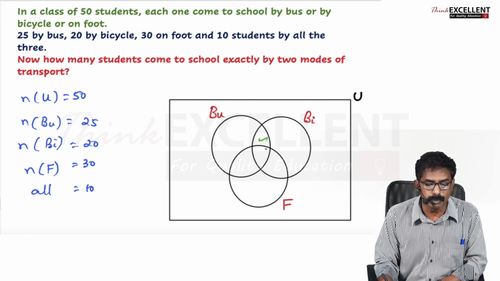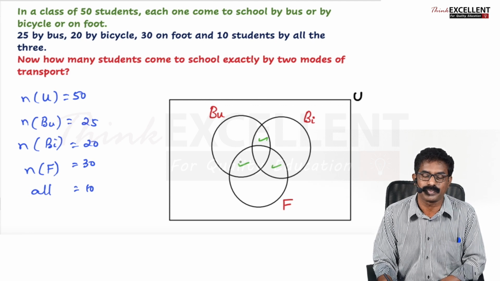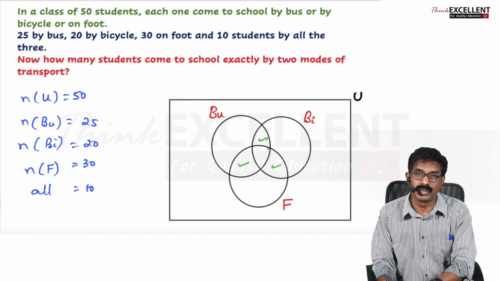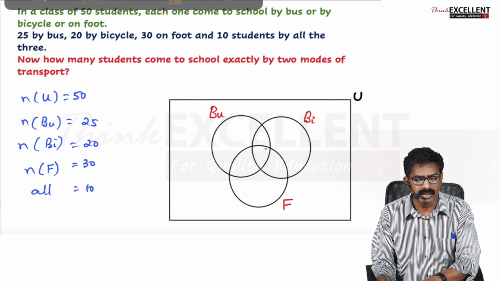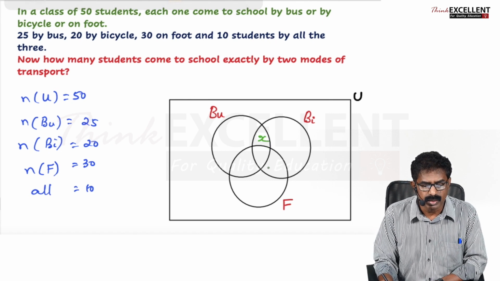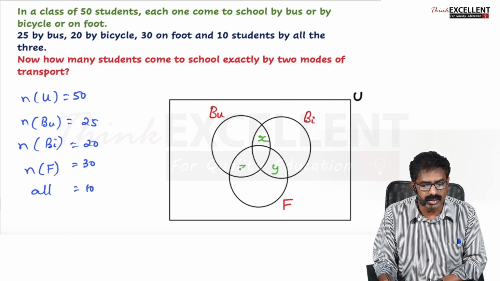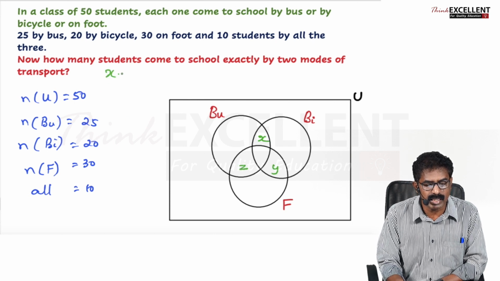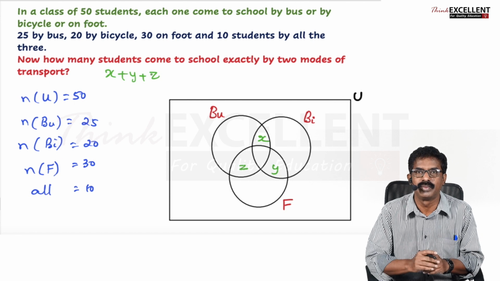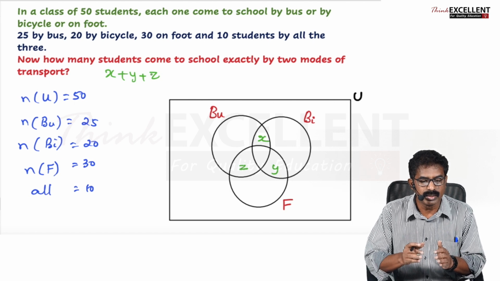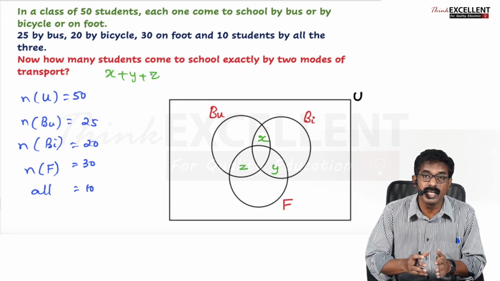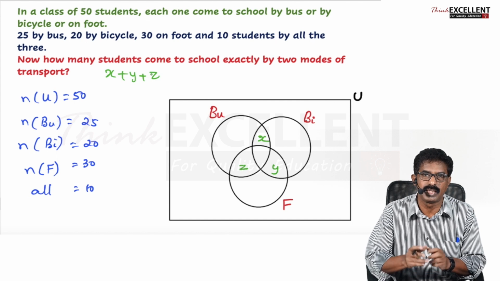These are the three portions you had added. So that 3 you find out and add, or I'm taking that as this is x, this is y, this is z. So the answer is x plus y plus z. How many students come to school exactly by 2 modes of transport? Exactly 2.